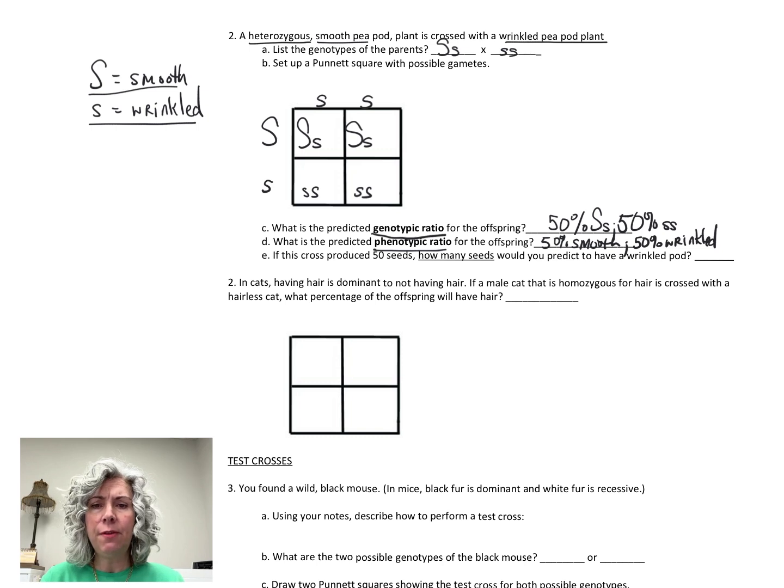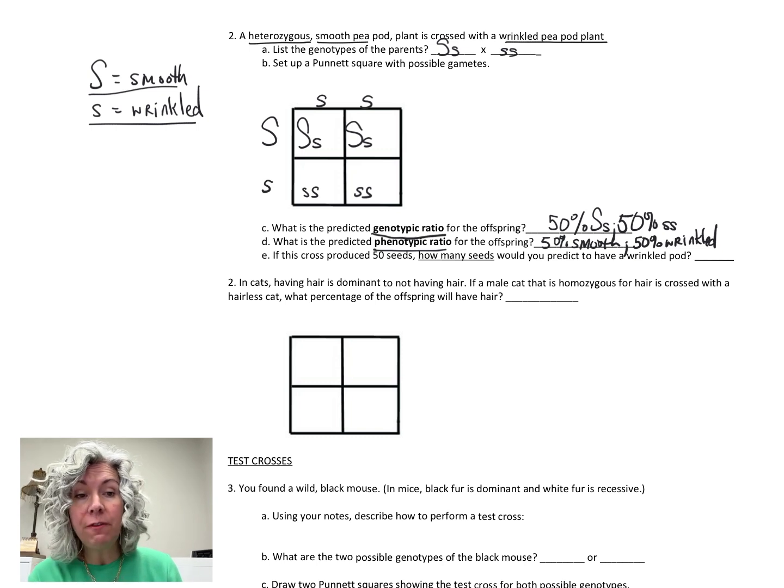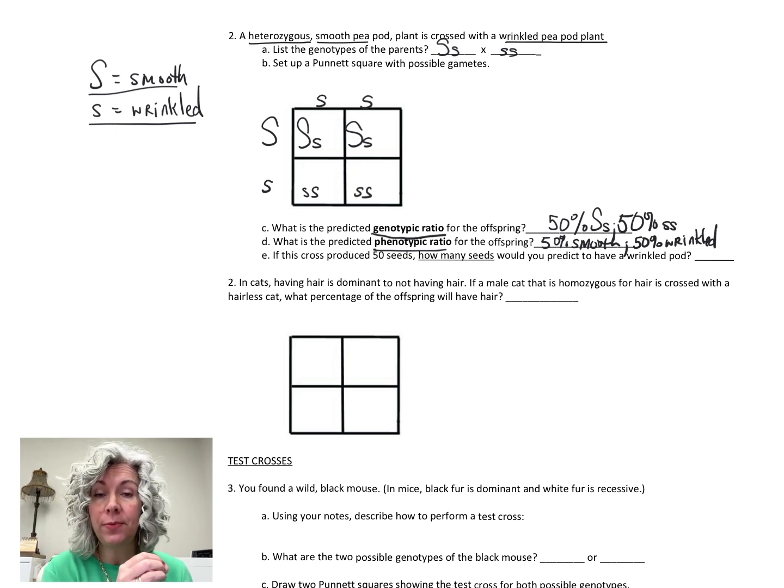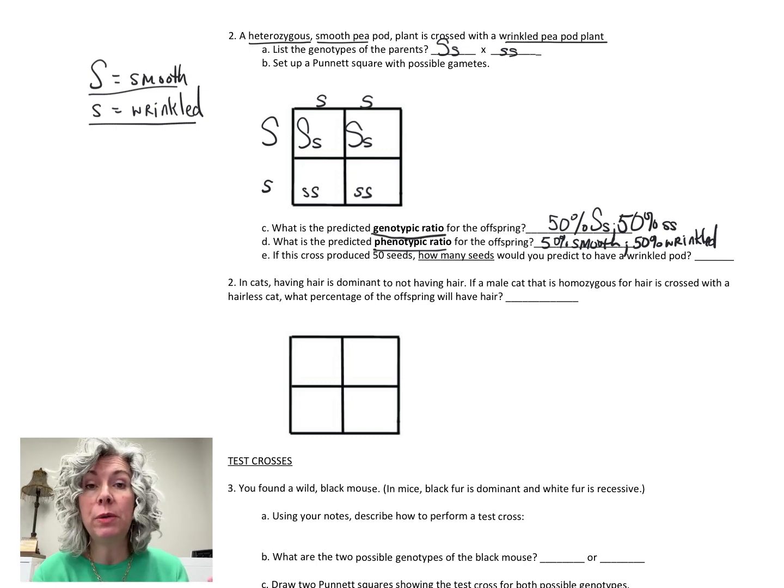All right. Letter E, I'm reading letter E. If this cross produced 50 seeds, how many seeds would you predict to have a wrinkled pod? Well, let's look at our ratios. We're saying 50% is wrinkled, so half of the seeds would be wrinkled.